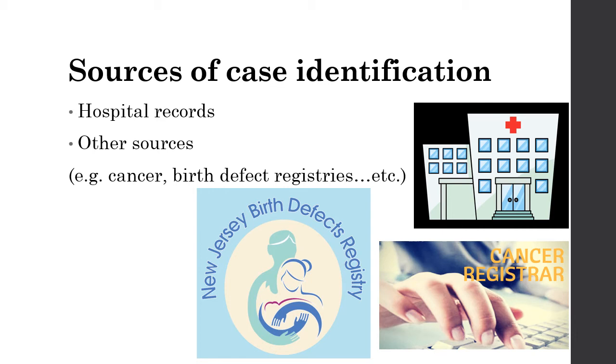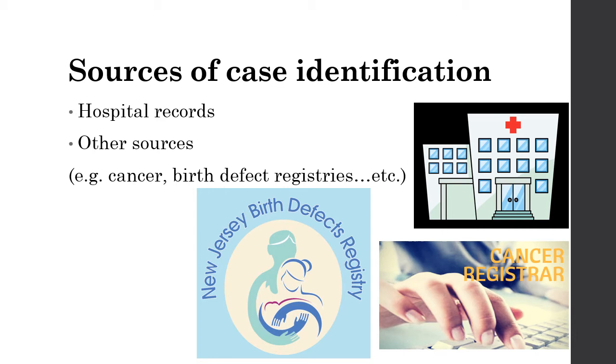Again, hospital records is a common place to get cases. As we said, sick people usually end up in the hospital. So of course you will be following your exposed group until they fall ill, and they will go to the hospital, and you will see if they are matching the ones that you are following up, who developed the disease in the catchment area that you are looking at.